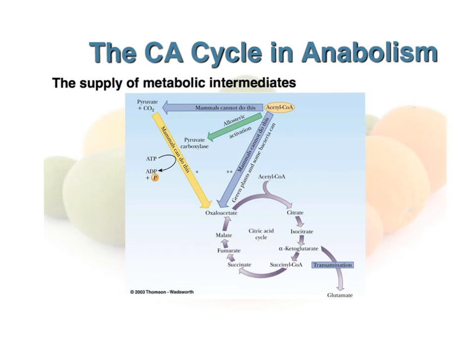Please note, this isn't my favorite one because it shows you things that we can't do. That's why we don't go this way, we go this way. As mammals, this is the way that we go for anabolism. But there are other organisms that can go different ways as well. This is just to show that we can feed back into the citric acid cycle.